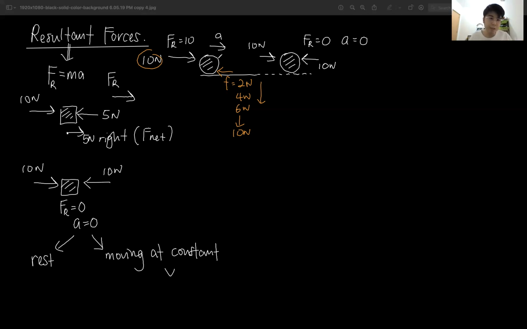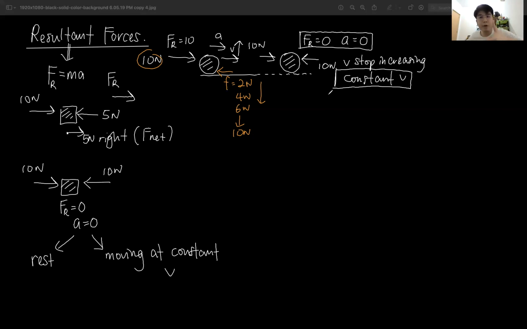So from here, velocity is increasing, and once the resultant force becomes 0, velocity stops increasing. That means it's moving with constant v. So this is one scenario where when acceleration is 0, the object could be moving at constant velocity.